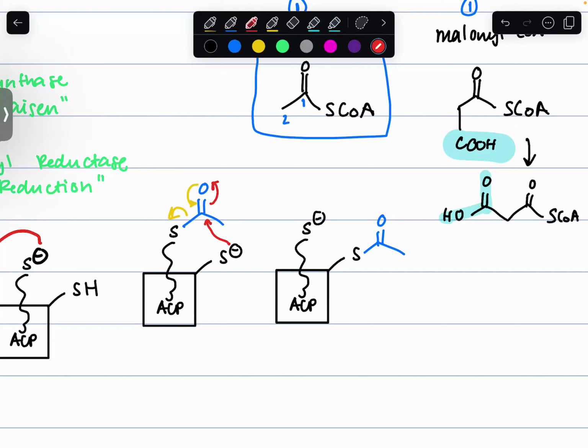So now our nucleophile can attack our electrophile. We'll form that tetrahedral intermediate and we'll kick off CoA.